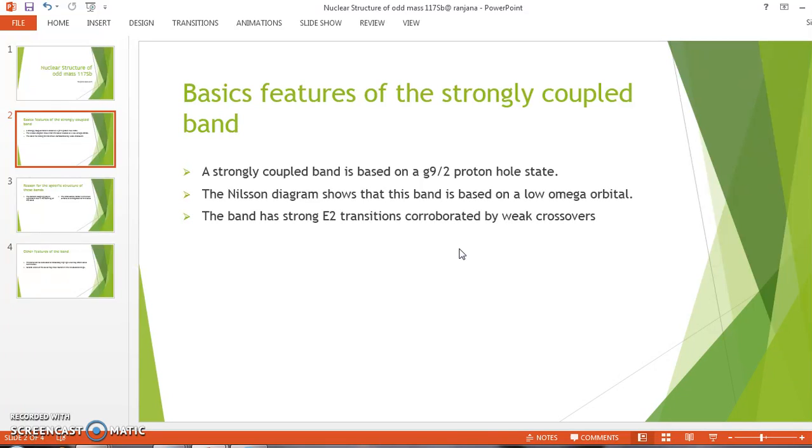This band structure arises from the specific configuration of the protons within the Nilsson state. I would focus on a strongly coupled band which is based on a g9/2 proton hole state. These bands arise because of the excitation of a proton from below the Z equal to 50 shell gap.